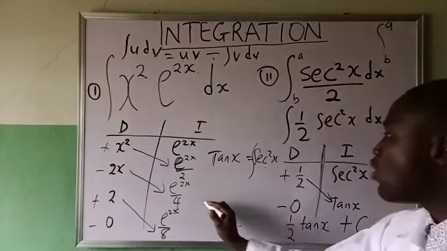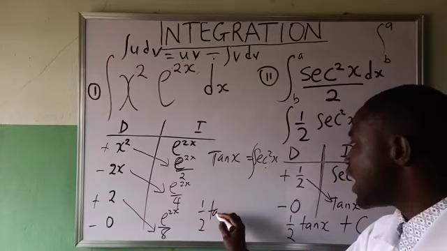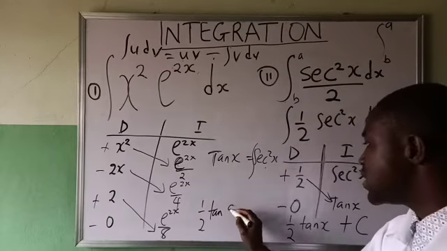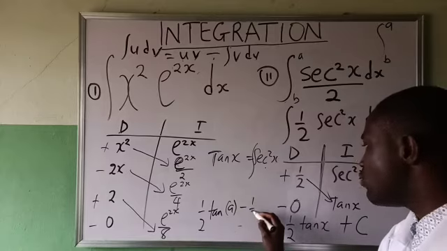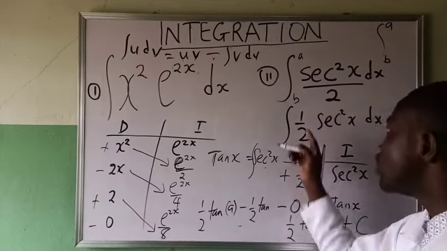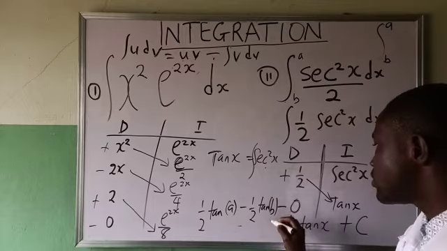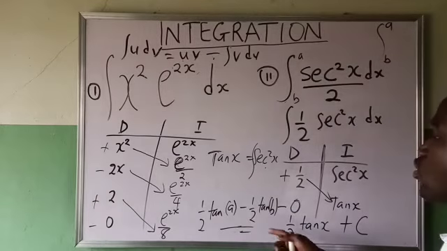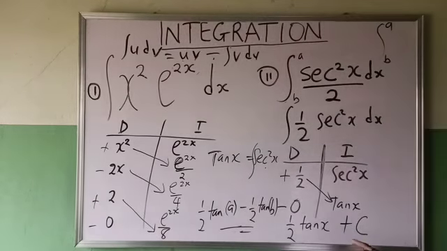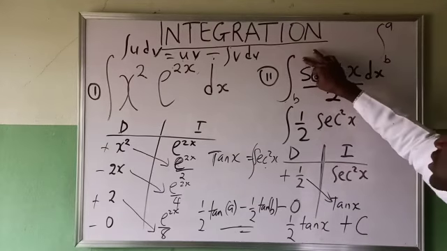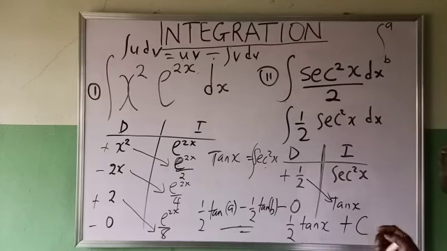The implication is that you have 1 over 2 tan a, your upper limit, minus 1 over 2 tan b, your lower limit. So you will not be putting plus c. But because there is no upper and lower limit, we attach plus c in our answer.